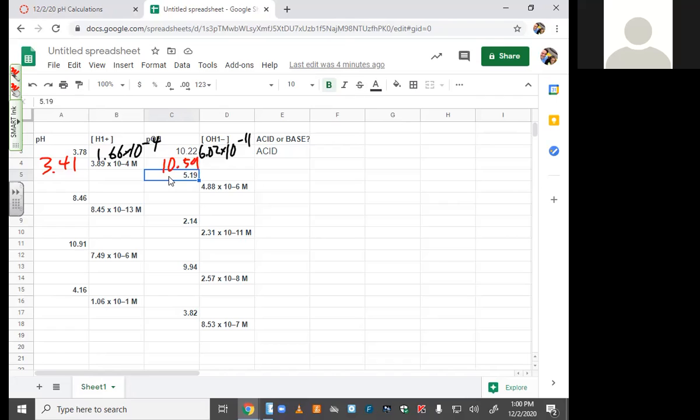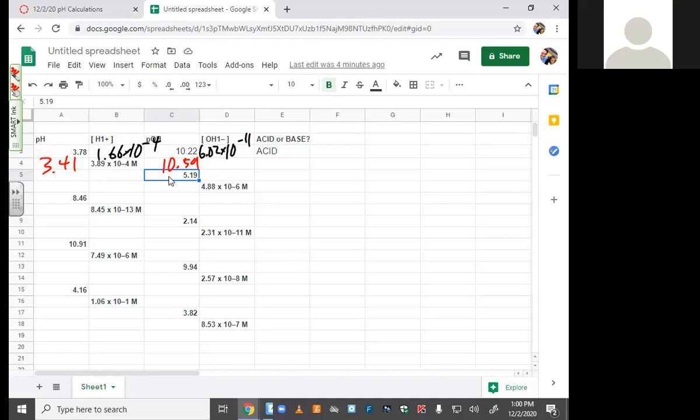And then how do you go from pOH to OH? It's the same thing we just did. How do you get pOH from pH? 14 minus that. That's one of the easiest things. You can just go down the line without even having to think.